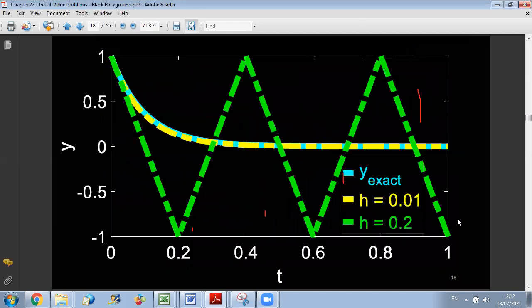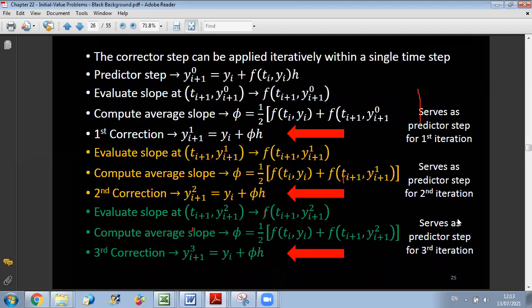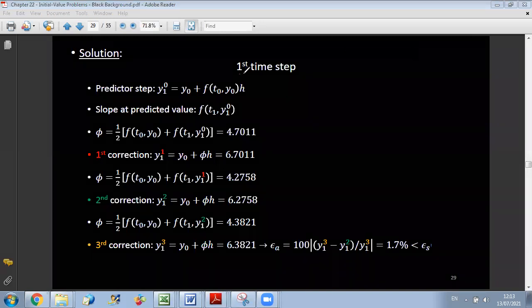So just as a reminder, when you use the Heun method with correction, you should correct in each step. So if you remember here, this was the development of the Heun method for each interval. So for the first time step, they told me to stop for a criterion of a relative error between corrections of 2%.